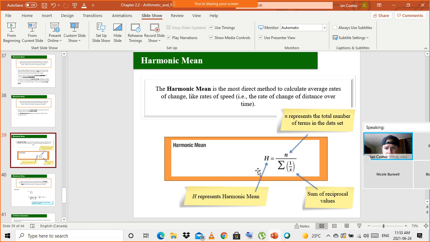And the harmonic mean, h, is equal to n divided by the sum of the reciprocals of the numbers. Reciprocal just means that a number has been flipped. So the reciprocal of the number 2 is 1/2.